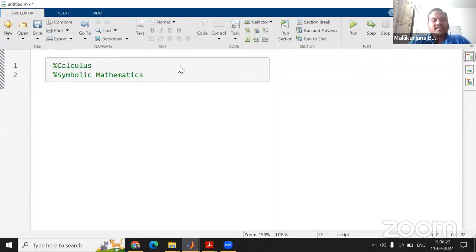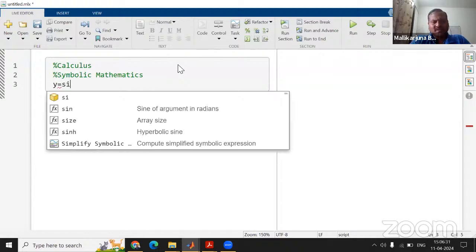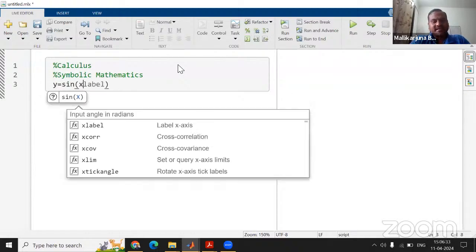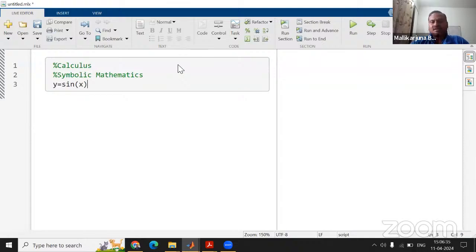What is meant by this calculus topic, symbolic mathematics? Suppose y is equal to a simple thing. Let us take y is equal to sin x. You execute it; what are you getting?